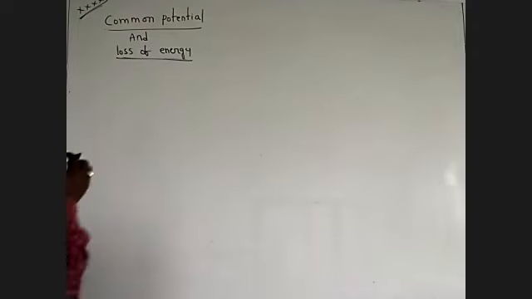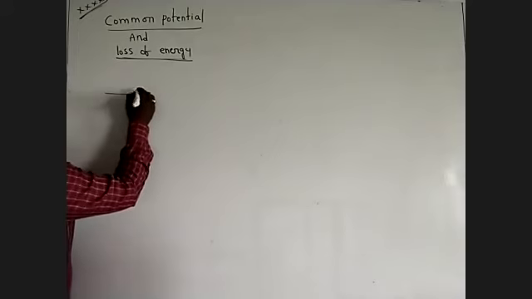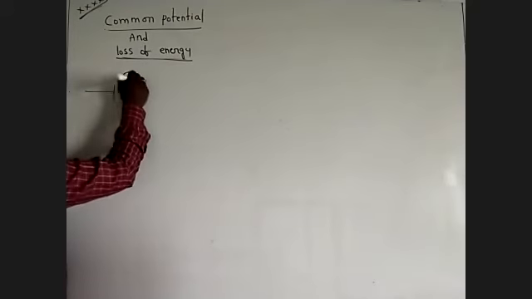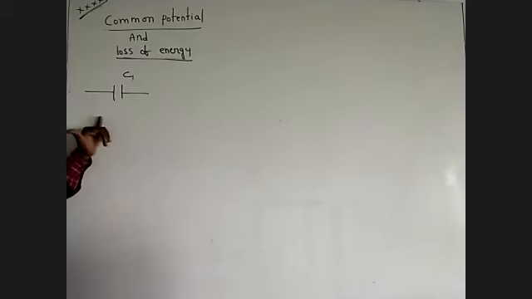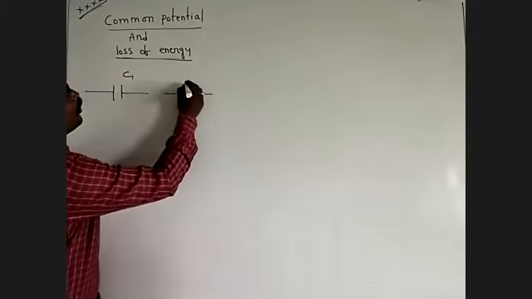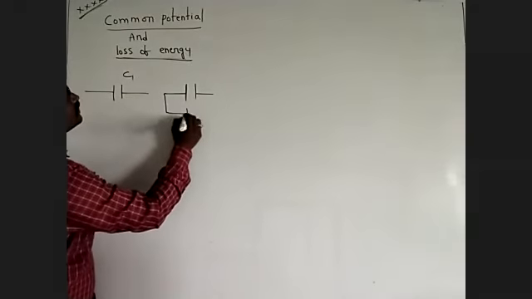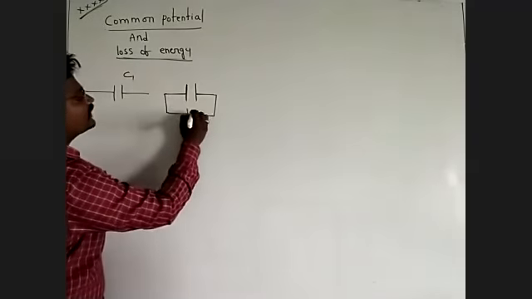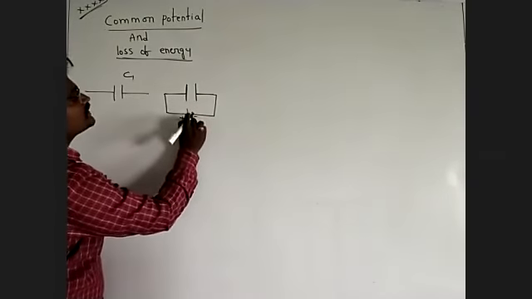I'm taking this as the C1 capacitor. One plate is connected to the positive terminal of the cell, and the second plate is connected to the negative terminal of the cell.